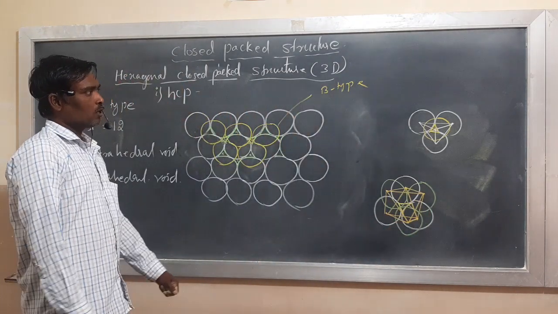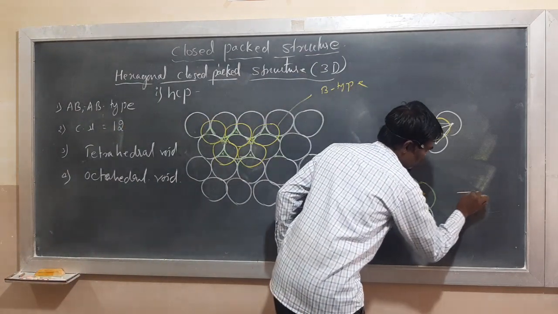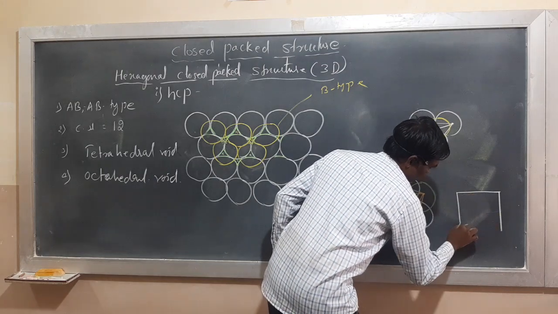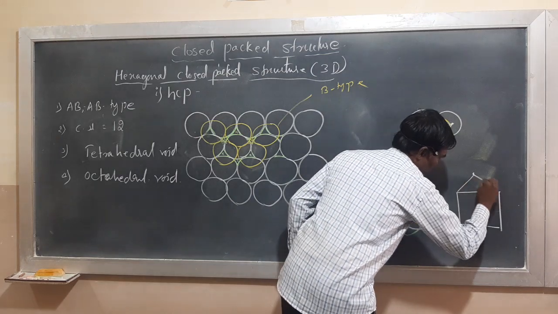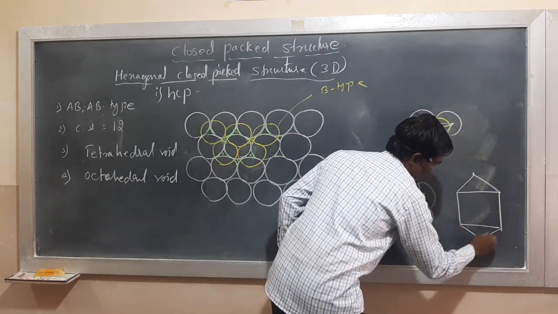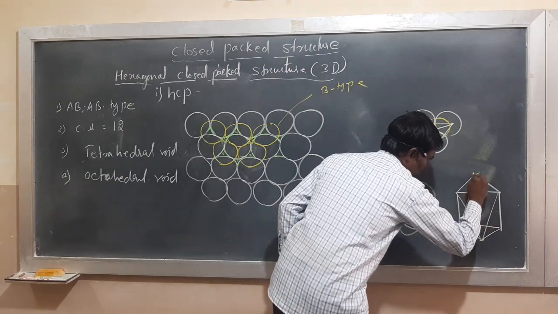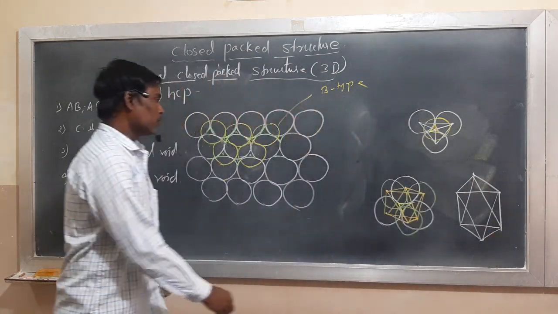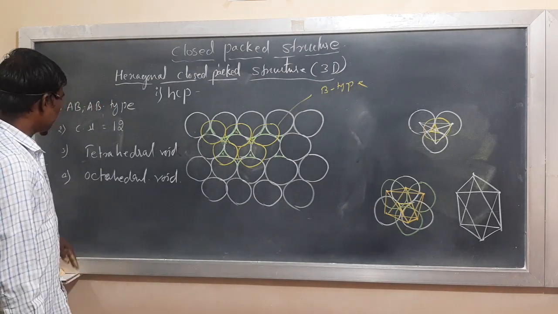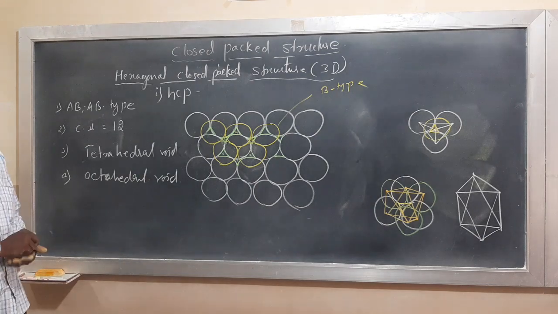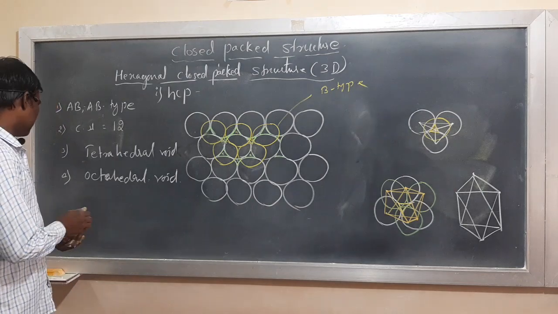It forms an octahedron, the octahedron structure, like this. So the shape of that empty space is like an octahedron. Therefore, it is called an octahedral void. So this is the arrangement seen in HCP.